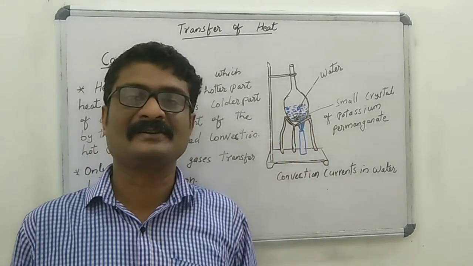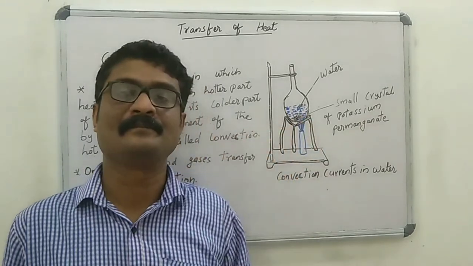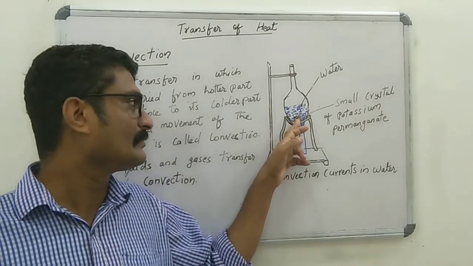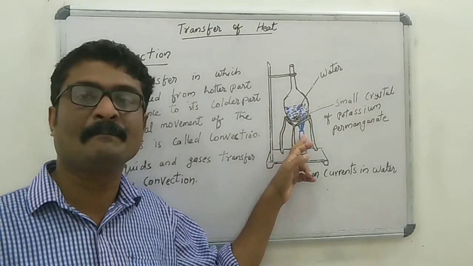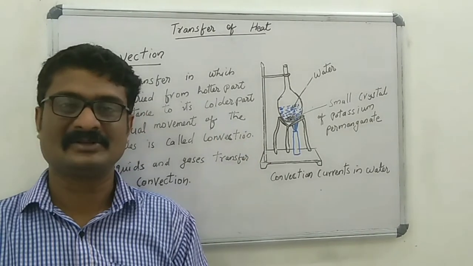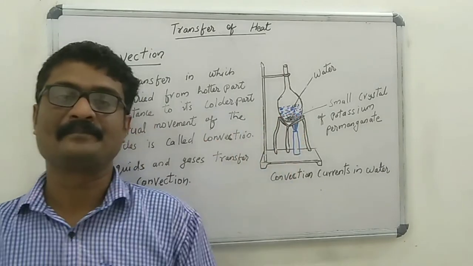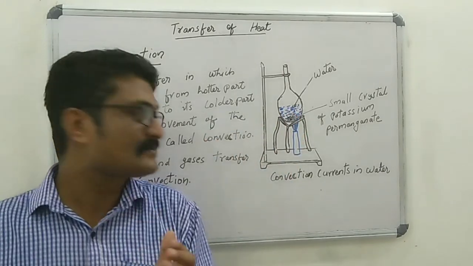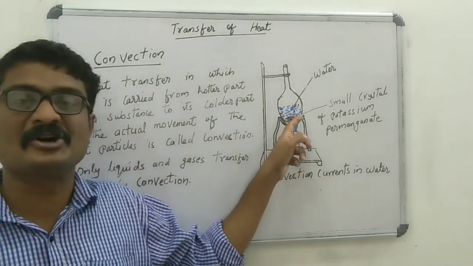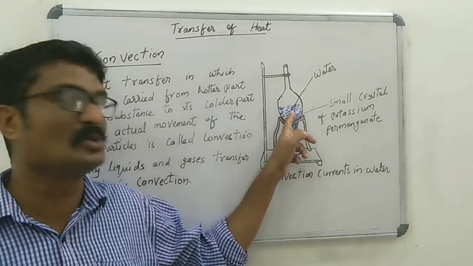Then heat the water near the crystal with a Bunsen burner flame. That is the second step. Then you have to observe the movement of the purple colored solution.